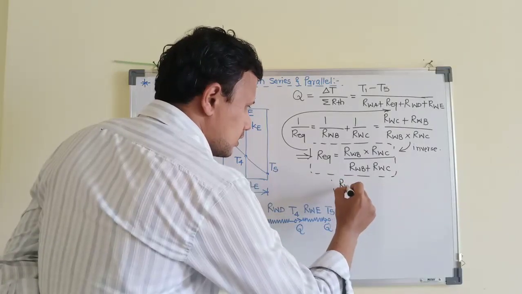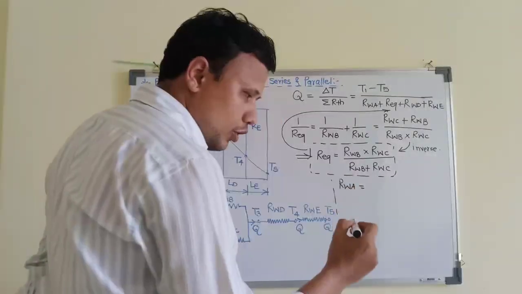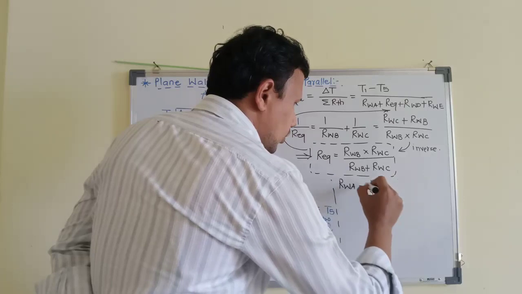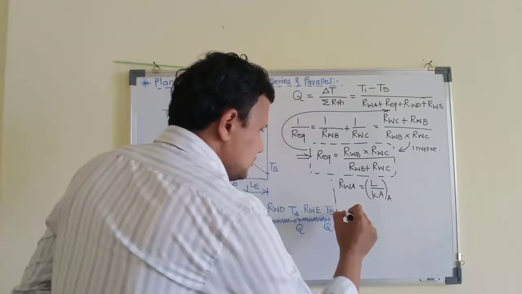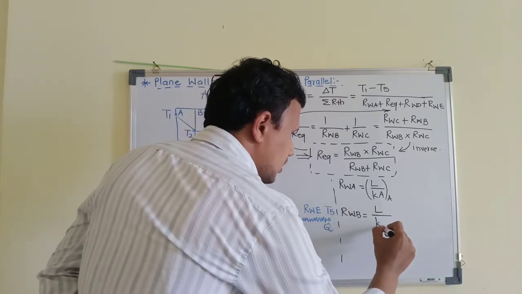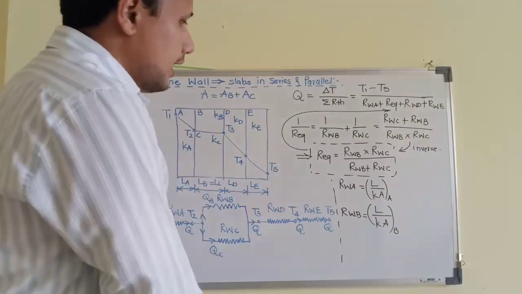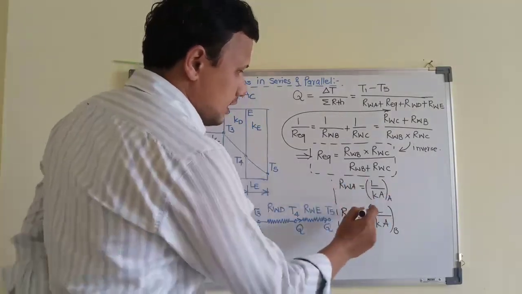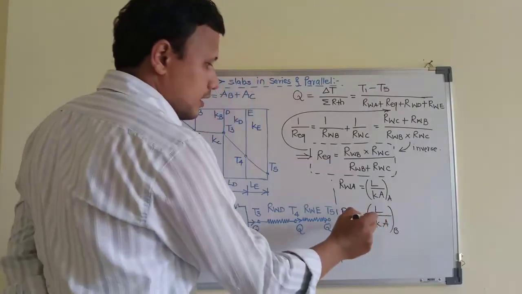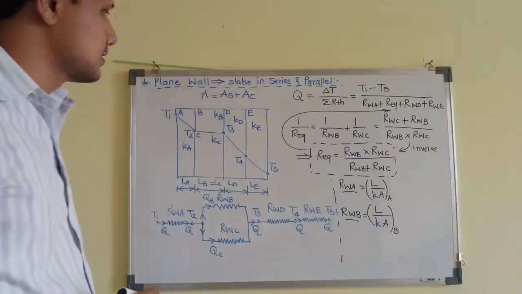Thermal resistance for the wall of material A is simply, because it is a wall, L upon kA for material A. R wall for material B will be equal to L upon kA, but with all the quantities for material B. Remember, L for material A is different, L for material B is different. You have to substitute that individual quantity into this equation so that you can get individual values for these thermal resistances.